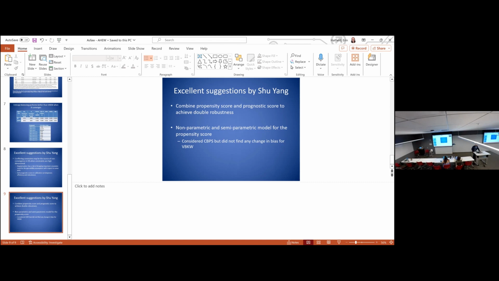And then the second question is whether entropy balancing can achieve the same efficiency bound. In some cases it can, in some cases it cannot. For example, if the true outcome function is linear in X, and the balancing weighting approach already balances the first order moment, then it achieves the efficiency because it already controls that part.